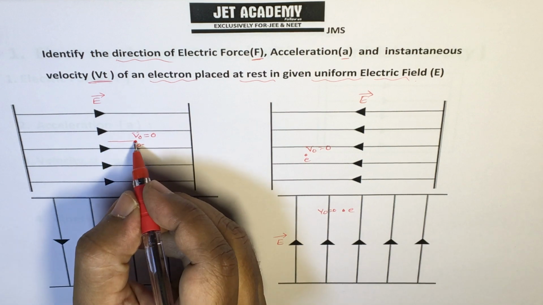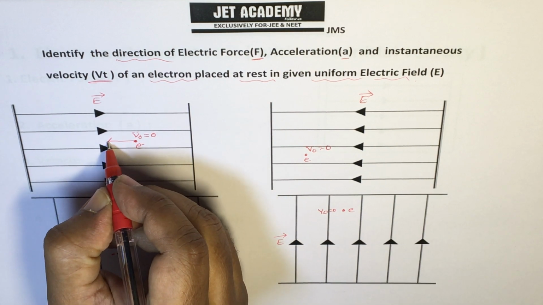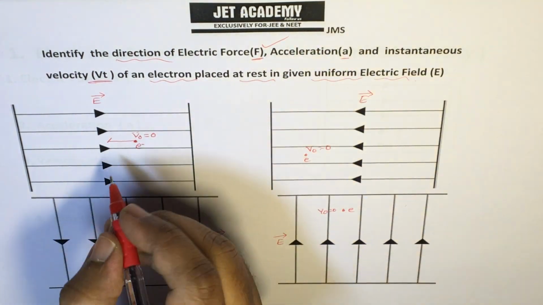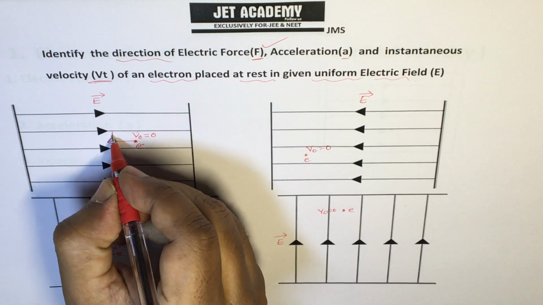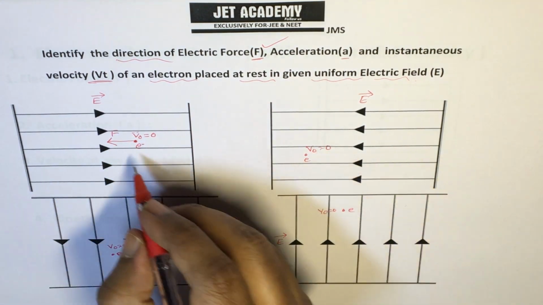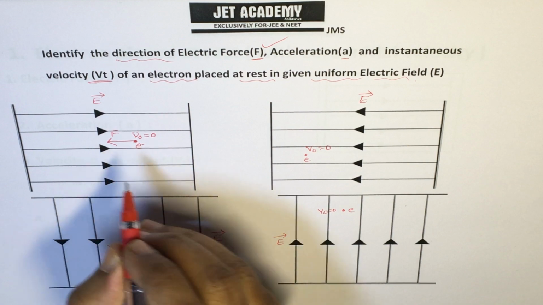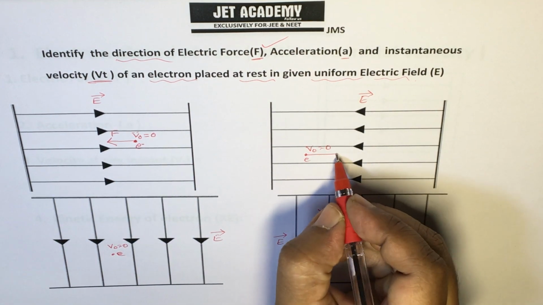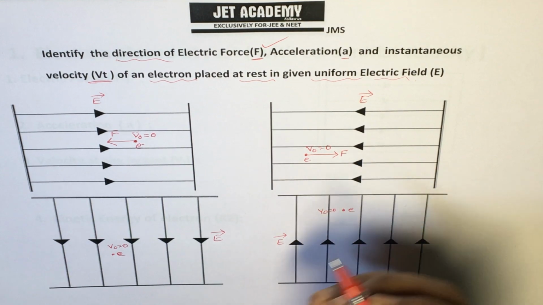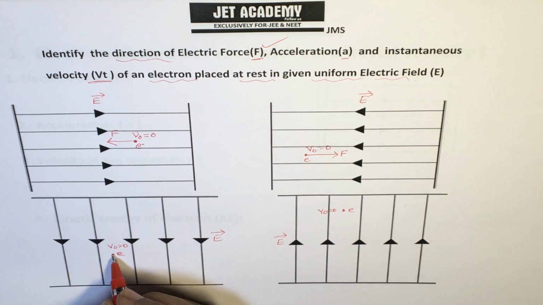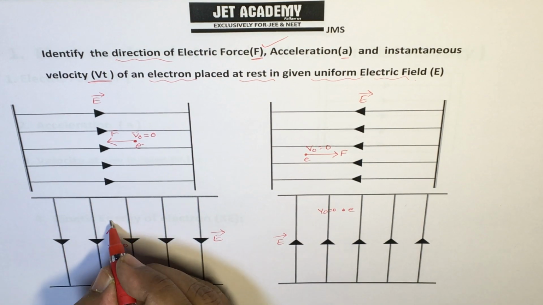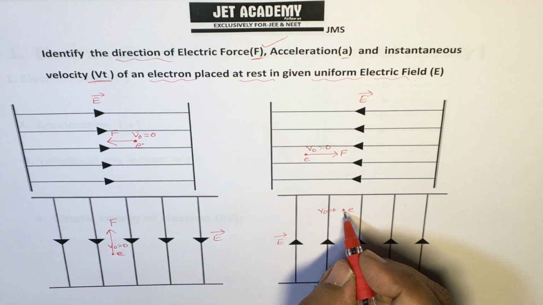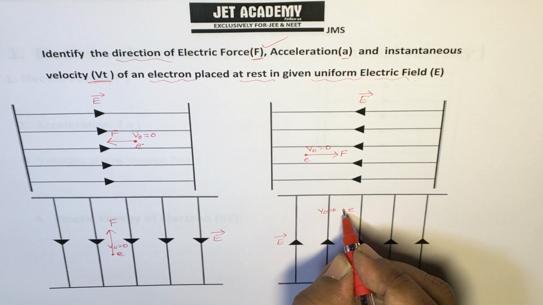This is the Coulombic force direction. I am writing now the first one, Coulombic force F, opposite to the electric field direction. Here this is the electric field; for downward field, the Coulombic force is upward, and for upward field, it is downward.